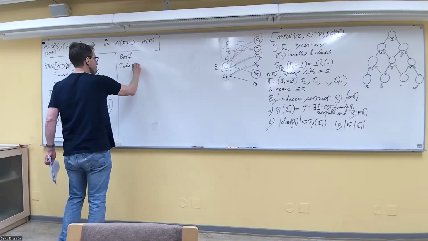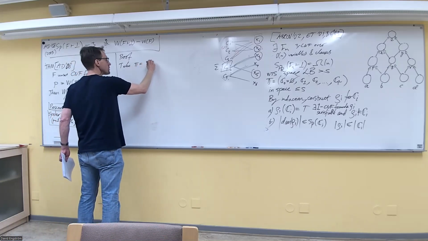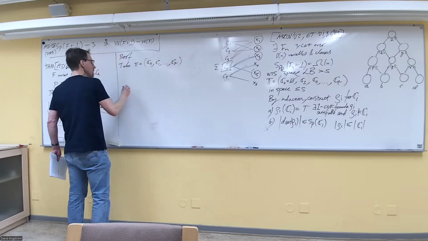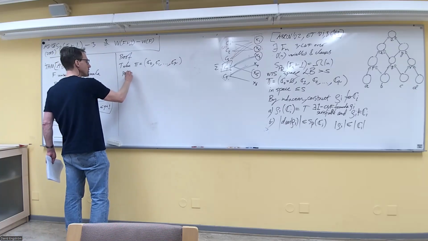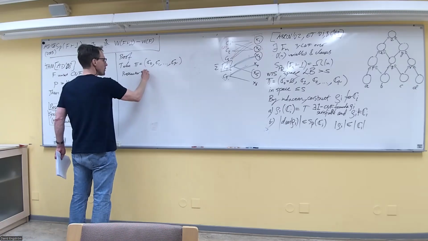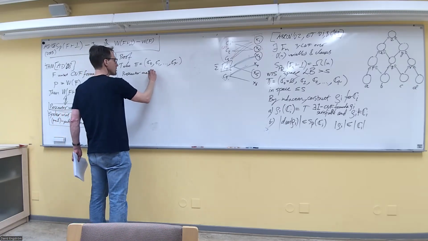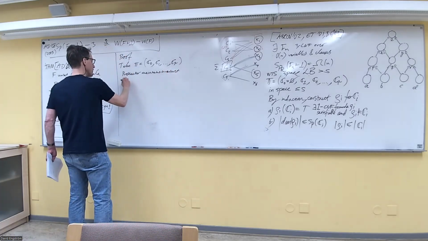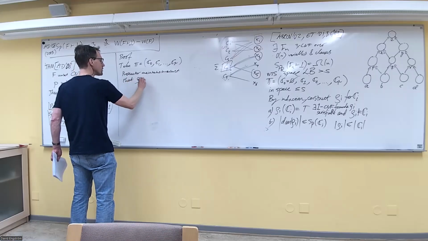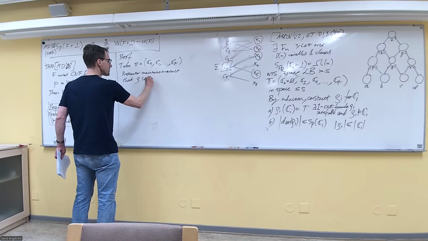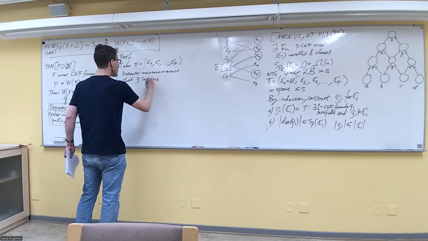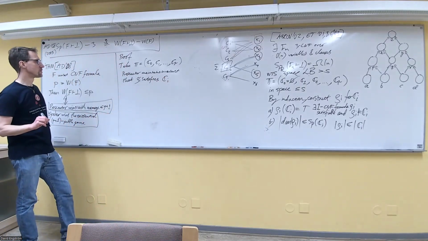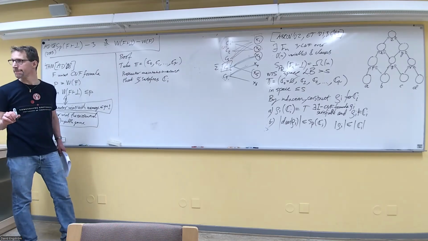Take a configuration-style proof. Prosecutor maintains the invariant that the current record row satisfies, let me call it row i, it satisfies C_i.